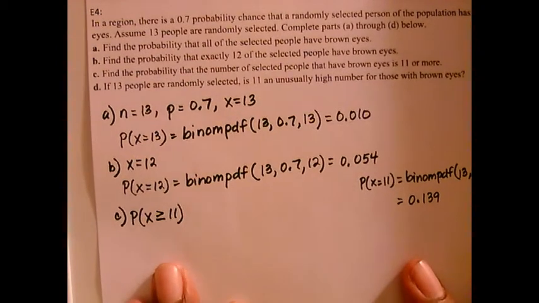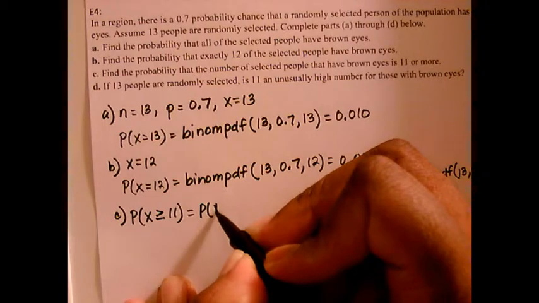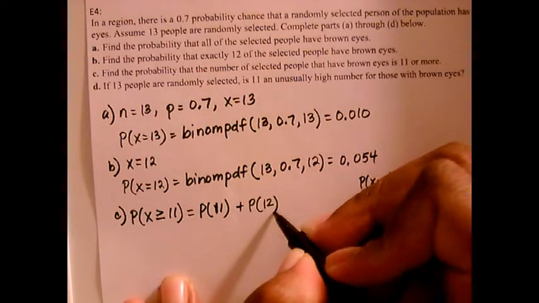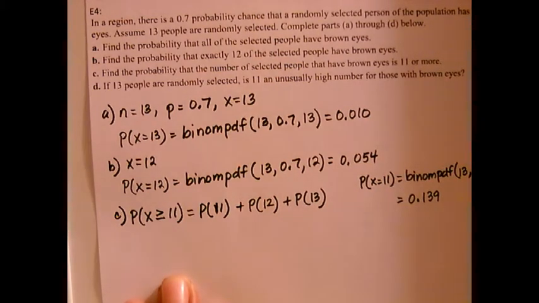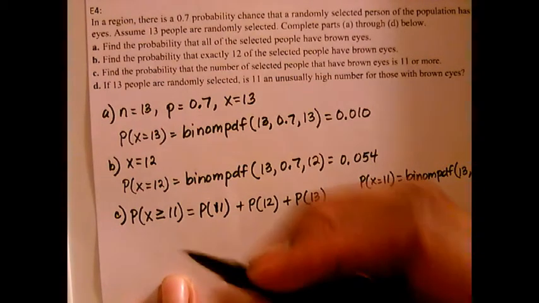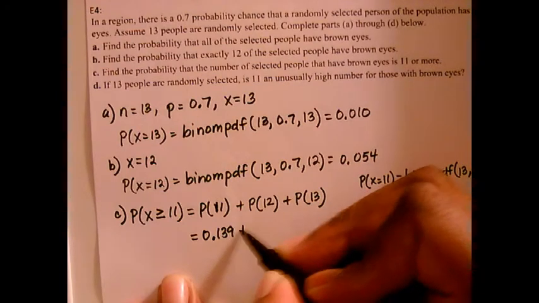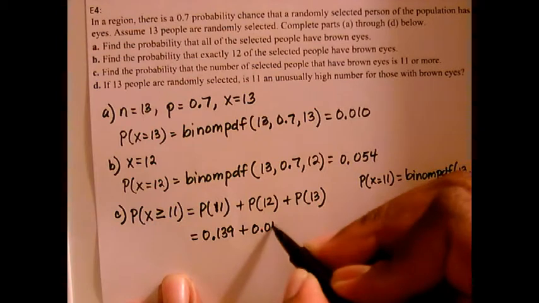when you're finding the probability that x is greater than or equal to 11, you have to do this. The probability of getting 11 exactly, plus the probability of exactly 12, plus the probability of exactly 13. And the probability of exactly 11, I just found out to be 0.139. The probability of getting 12 is 0.054.